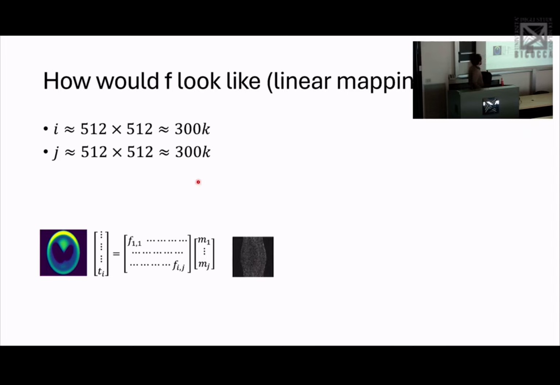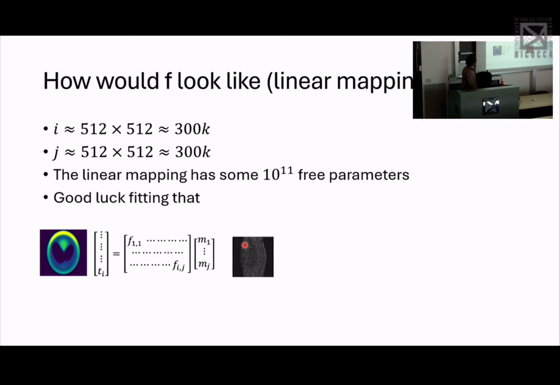I have 300,000 parameters in input and 300,000 parameters in output. And the linear mapping that I need to fit, if I want to do this fitting as a machine learning problem, is some 10 to the 11 parameters. And good luck fitting that.